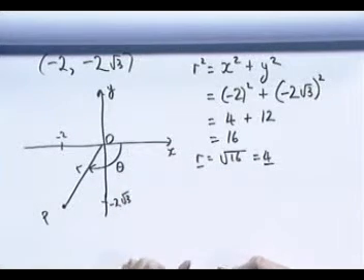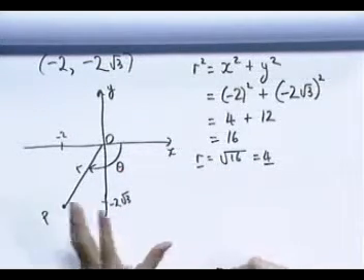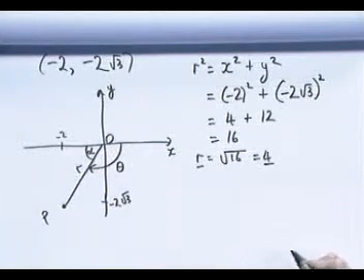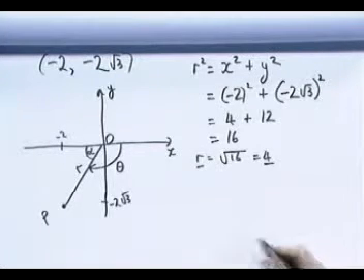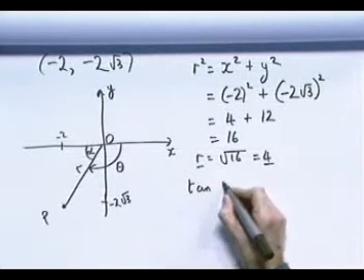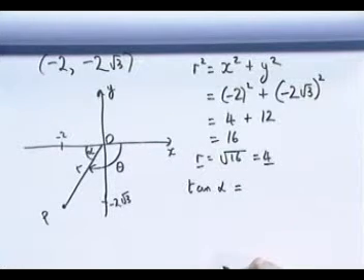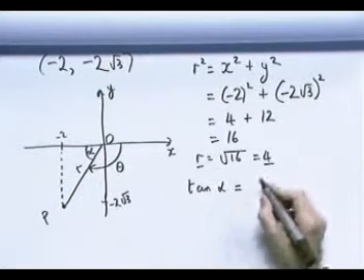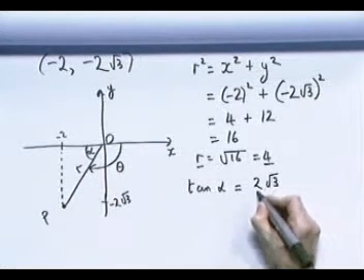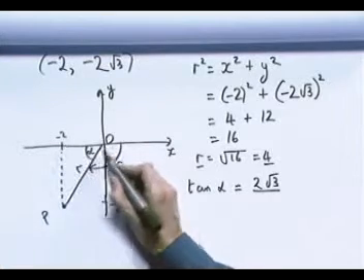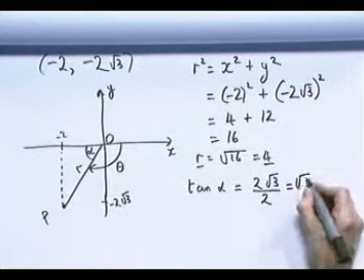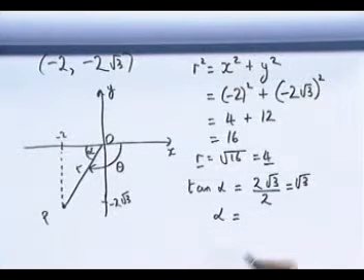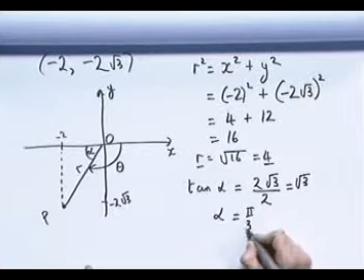Now, what about theta? We can see that theta should be negative. So let's just calculate this angle as an angle in a right-angled triangle. So tan alpha equals the opposite, which is this side here, 2 root 3 in length, over the adjacent, which is just 2, which gives us root 3. So alpha, just calculated as an angle, is pi by 3.